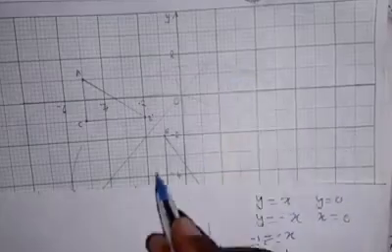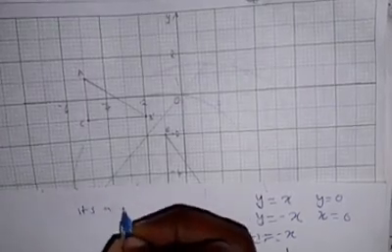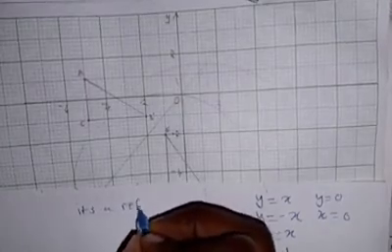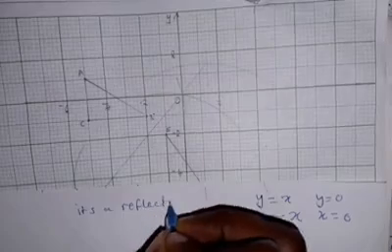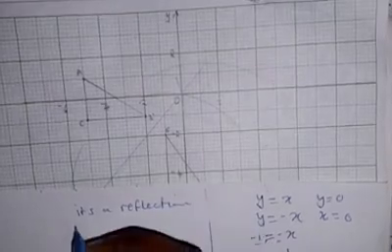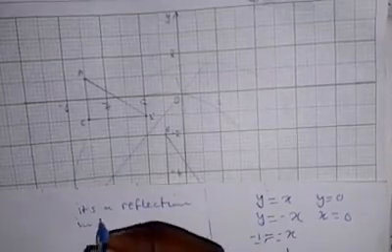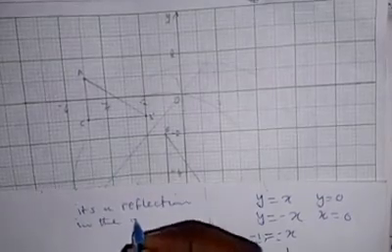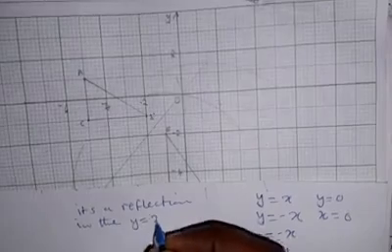So now in this case, when it is going in this diagonal, to describe this fully we are saying that it's a reflection in the line y is equal to x.